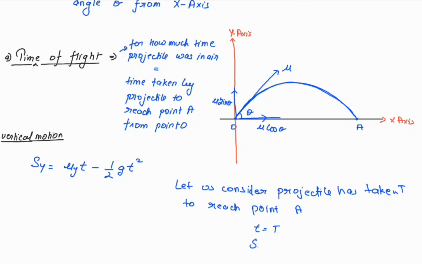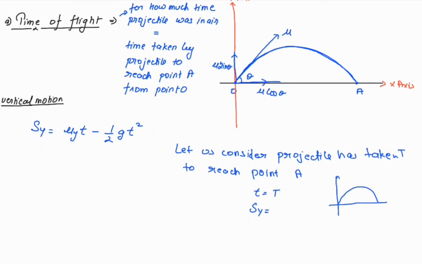Can you say what is the value of s of y? When the particle has moved from this to this, what is the displacement in the y-axis? The particle started from point O and it has reached point A. The displacement in the y-axis is 0, right? S of y is 0.